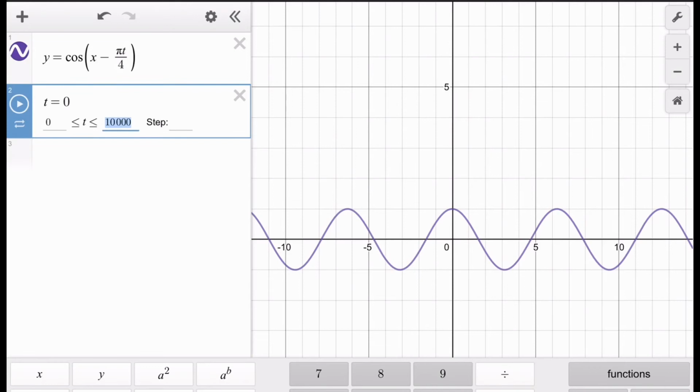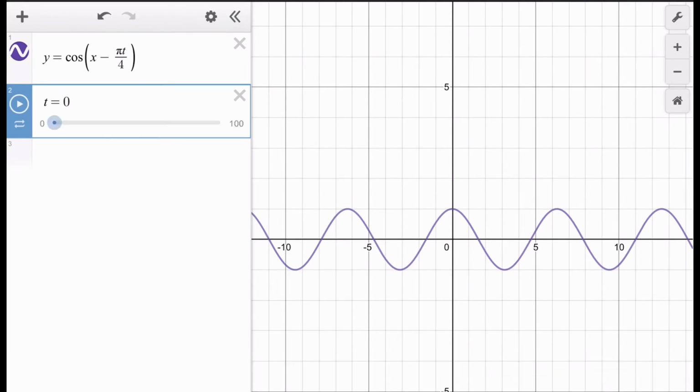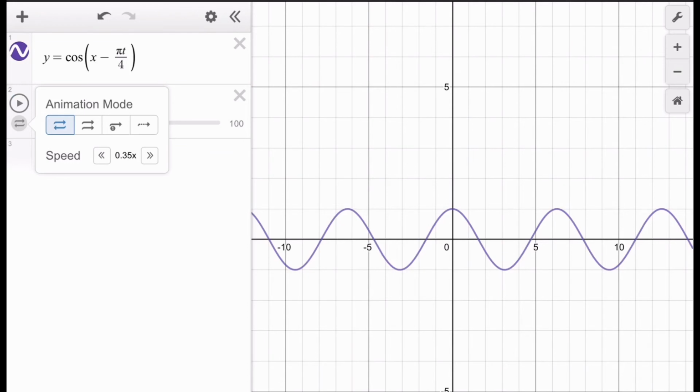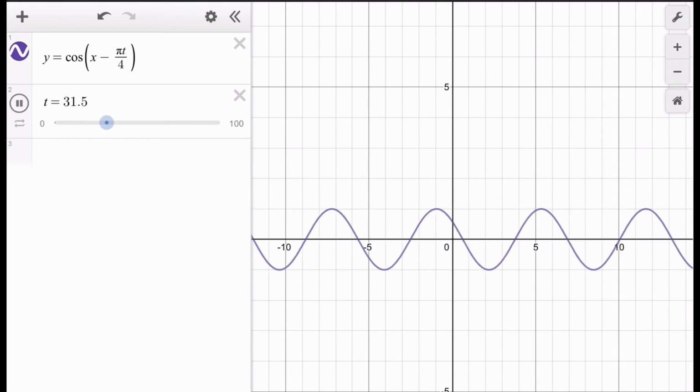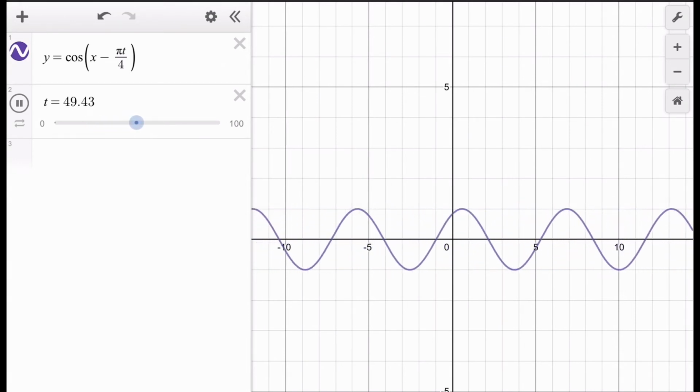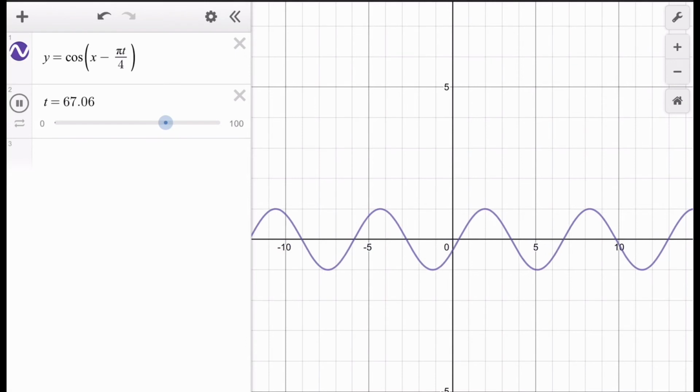If we set a range for the time from 0 to 100 seconds and start an animation, let's see what happens. So let's start, and as you can see, the wave starts to move towards the right as we increase the value of time.